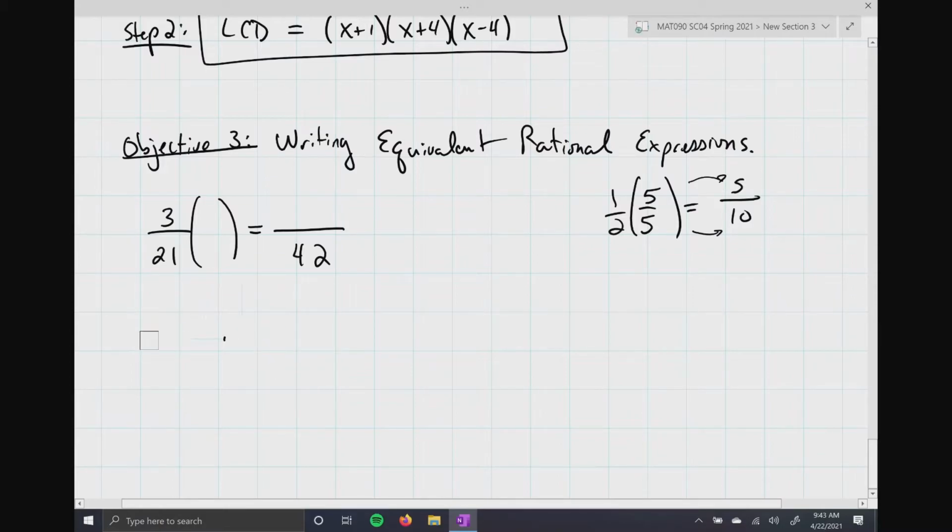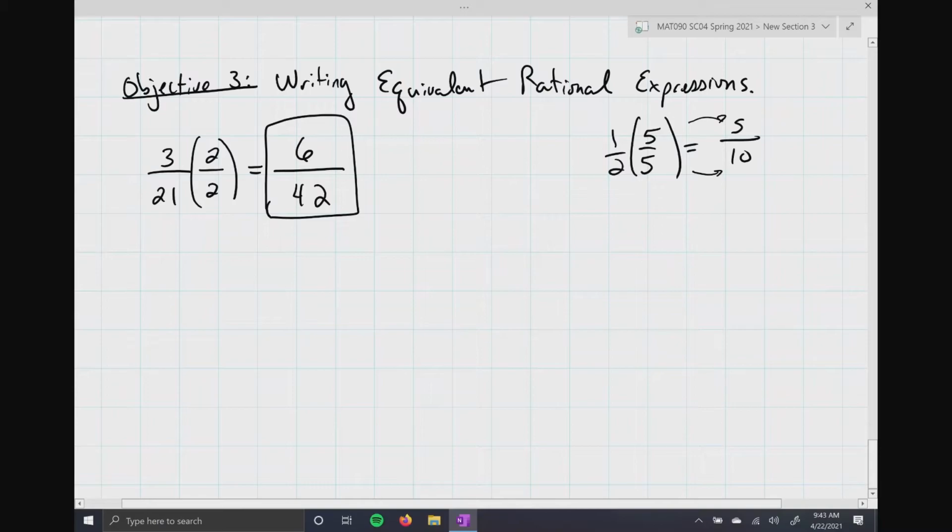I think that's even confusing us. We'll keep it simple for now. What number am I going to multiply 3/21 by to get 42 as a denominator? In other words, 21 times what equals 42? 2. Good. So if the bottom is 2, then the numerator also has to be 2, because I'm only allowed to multiply by 1. So the number that we were looking for up top is a 6.